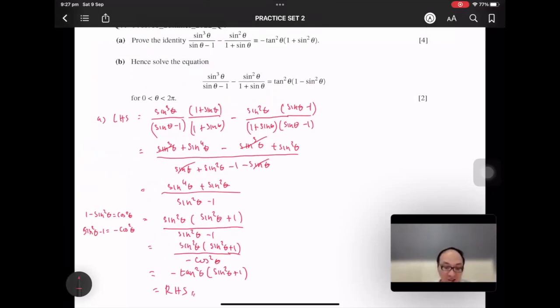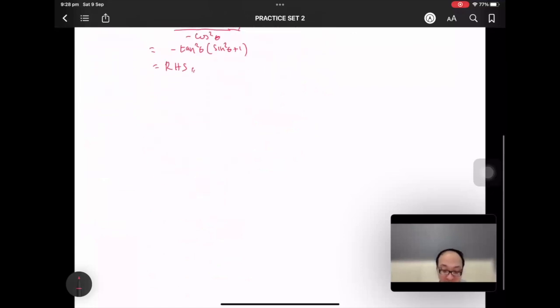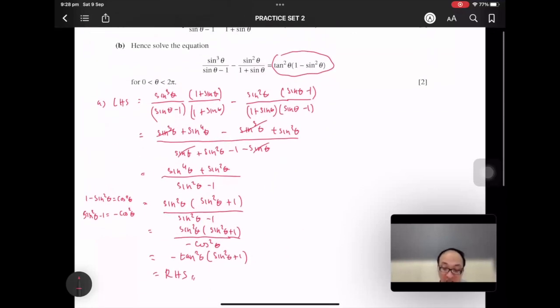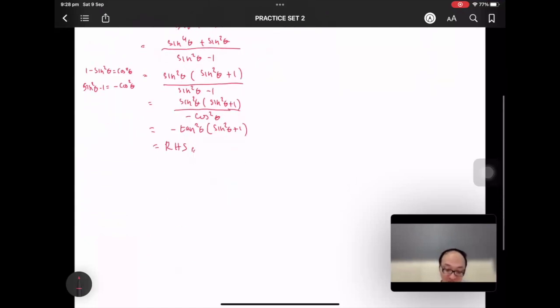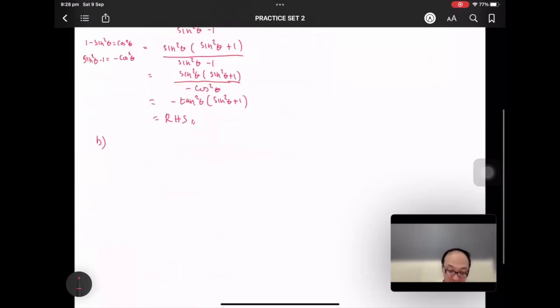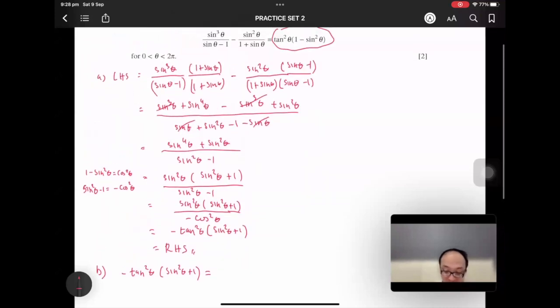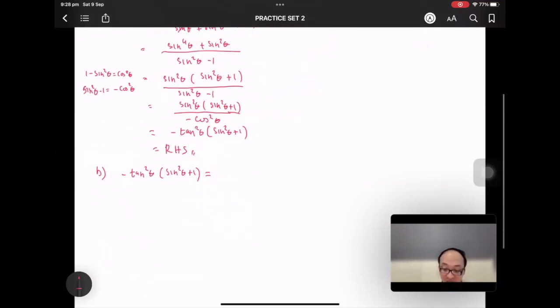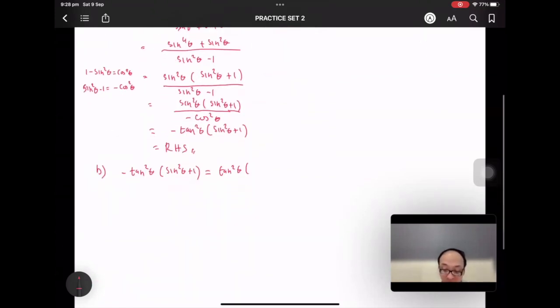Hence, solved. Okay, what's the difference? The difference is only the right hand side, yeah? So that means I can rewrite the left hand side using our results for B. So this is negative tan square theta times sine square theta plus 1 equals the right side, tan square theta times 1 minus sine square theta.